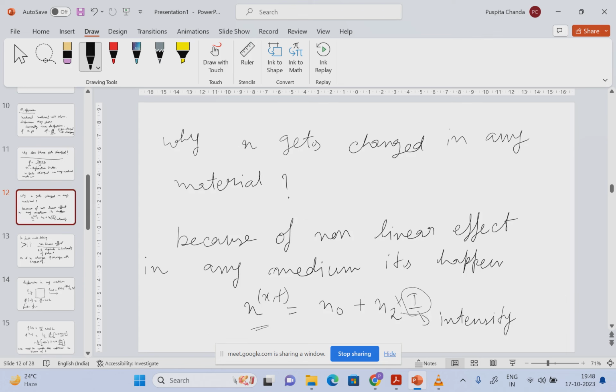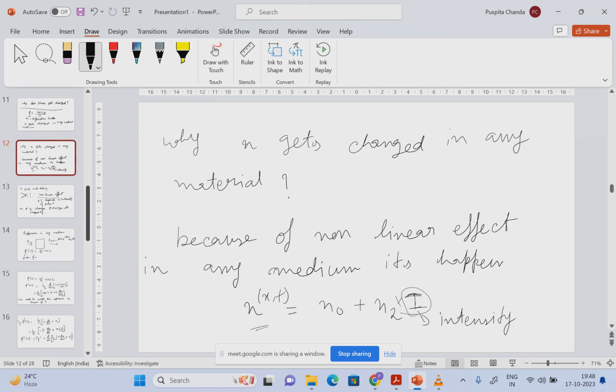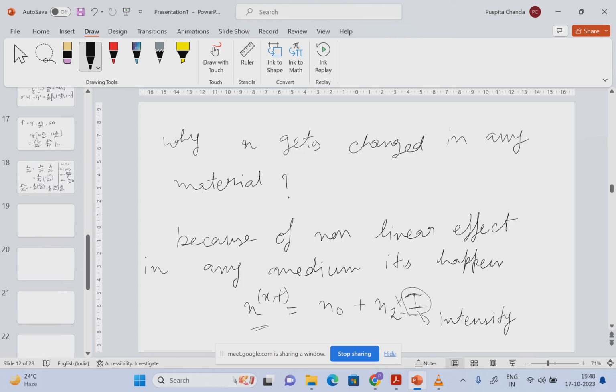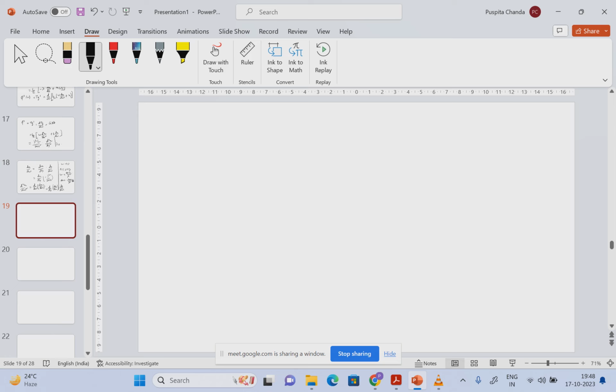But I am writing that n is dependent on I. So this intensity part changes with frequency. I'll show in the next class the calculation of how that intensity depends on the frequency because of a nonlinear effect.